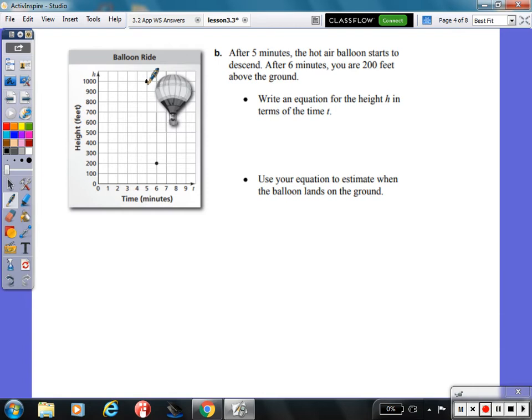Let's go ahead, count our spaces for our slope. So we come over 1, down 1, 2, 3, 4, 5, 6, 7, 8.